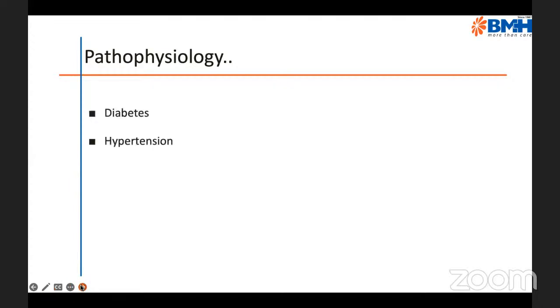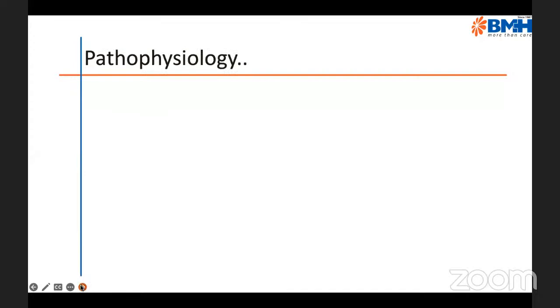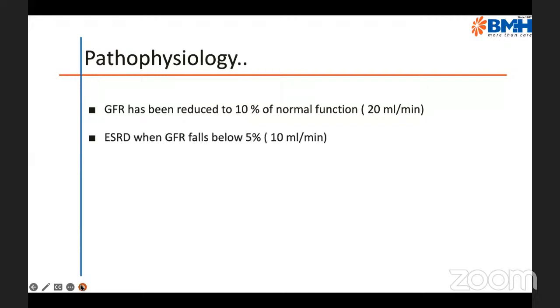We have to keep the renal function intact. Coming to pathophysiology, diabetes and hypertension are the main culprits which contribute to chronic kidney disease, even though we have glomerulopathies, tubulointerstitial disease, renal vascular disease, and obstructive uropathy. By the time CRF develops, the GFR is reduced to 10% of normal function, around 20 ml per minute.